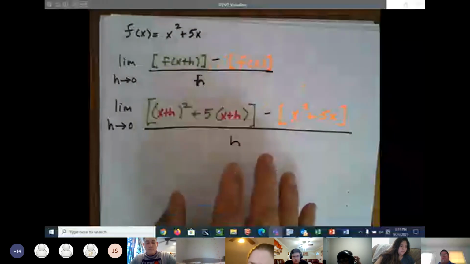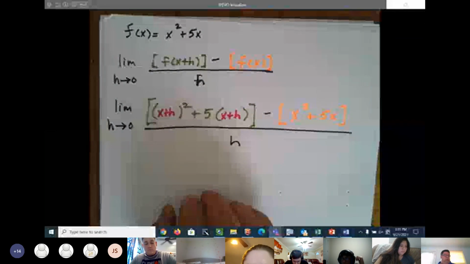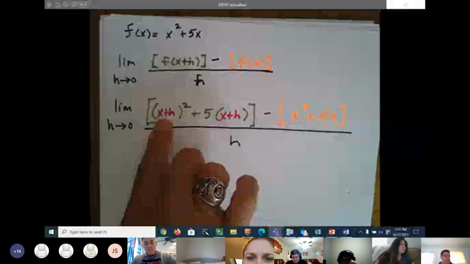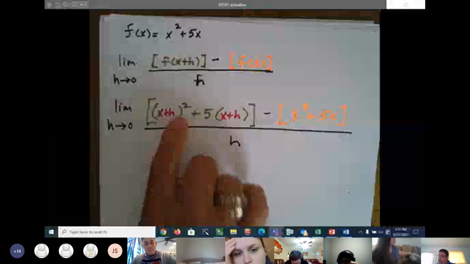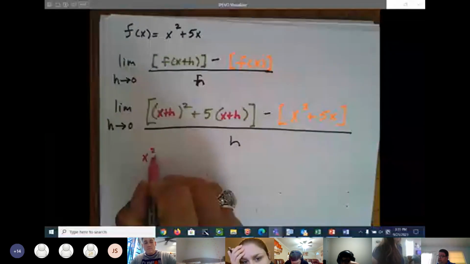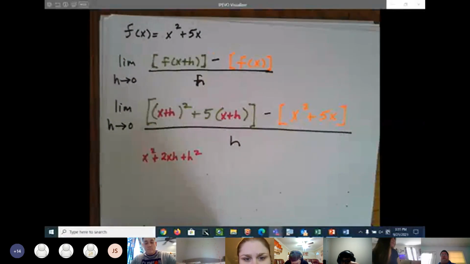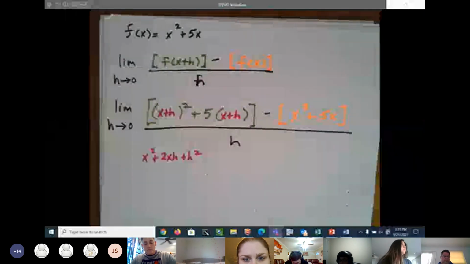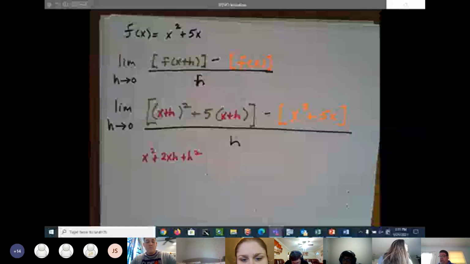So you should be at least through with the canceling. So here we go. This is going to be shortcut number 1. So that's going to be x squared plus 2xh plus h squared. If you are saying to yourself, where does he keep getting that from? You shouldn't be saying that in calculus. That's all there is to it. Now, if you want to ask me outside of class, I'll be glad to go over it with you.